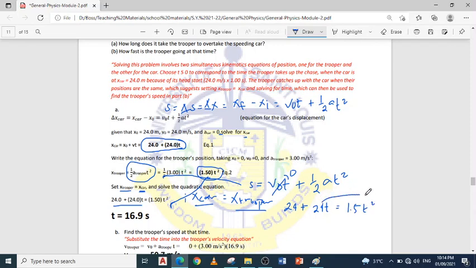So, i-transpose natin doon sa kabila. And then, pati ito, transpose din sa kabila. Okay? So, magiging 1.5t square plus, minus dapat yan. Kasi nag-transpose tayo eh.